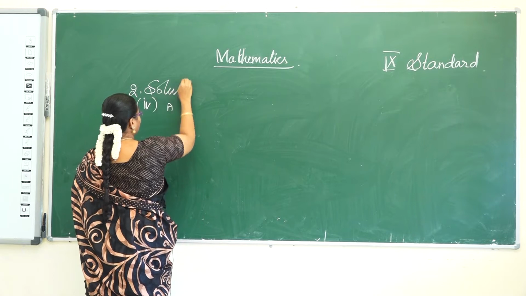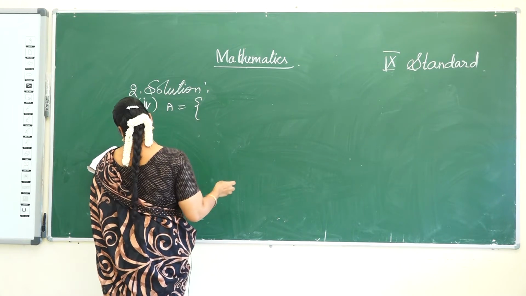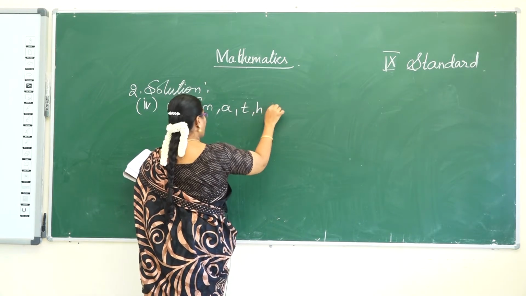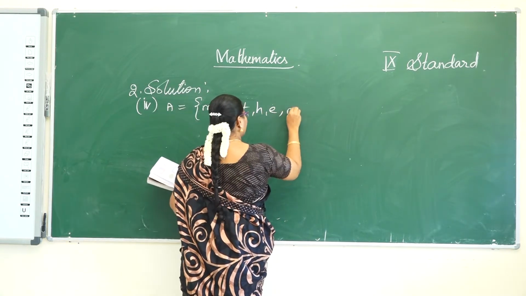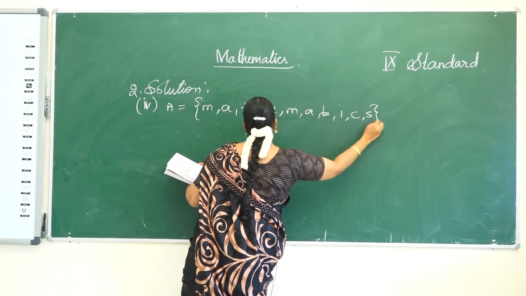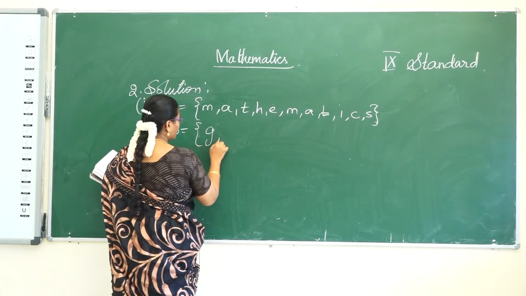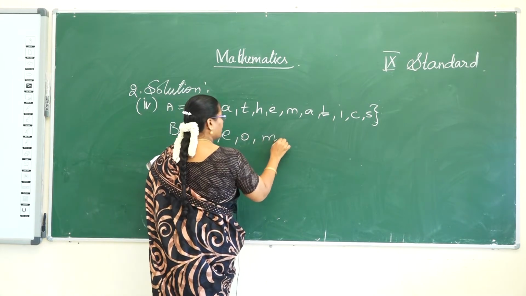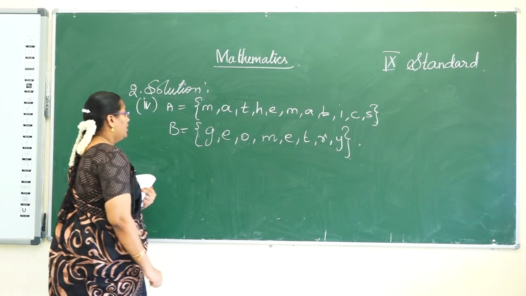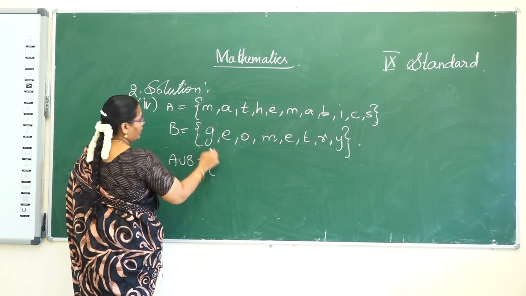Solution. A is equal to the set of all the letters of the word mathematics: M A T H E M A T I C S, mathematics, and set B: geometry, G E O M E T R Y, geometry. Okay, so here first find out A union B. So join all the elements.